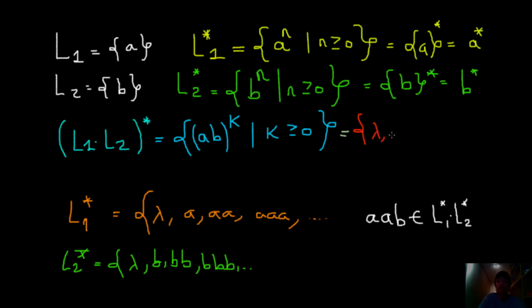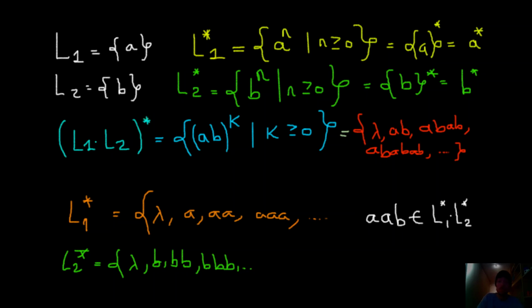What if k is 1? We have AB, one occurrence of AB. If k is 2, we have two occurrences, so AB, AB. What if k is 3? We have AB, AB, AB, and so on. Therefore, there will never be a word like AAB inside this language.